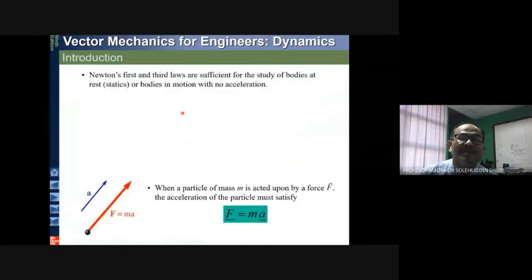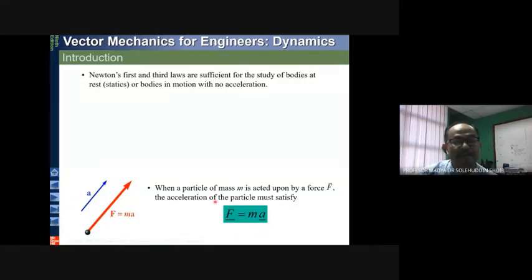Today we proceed by looking at the introduction of Newton's second law. Newton's second law is basically governed by this important equation: force equals mass times acceleration.